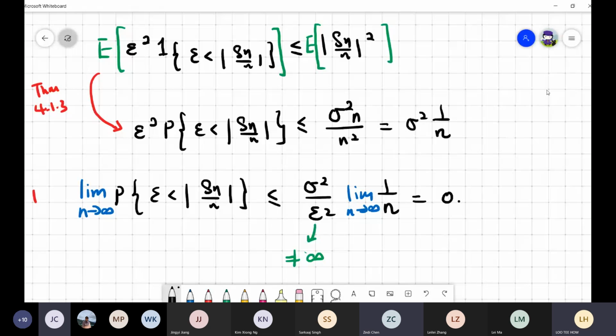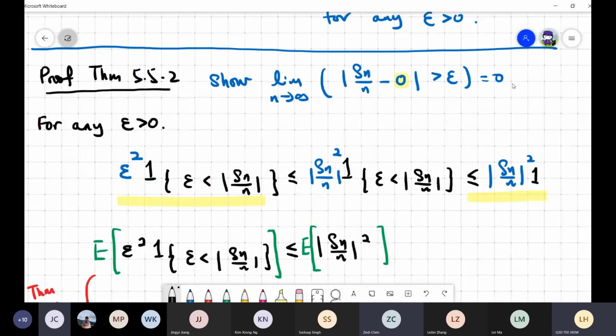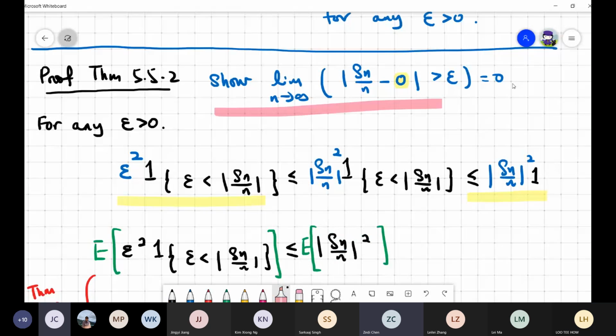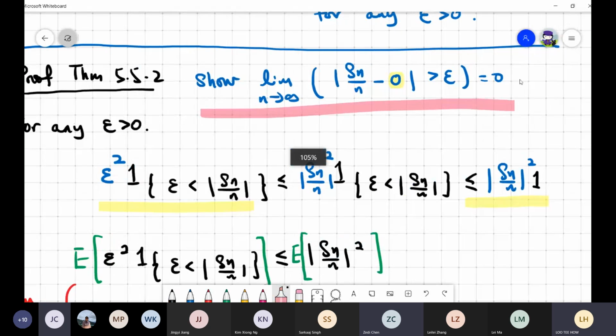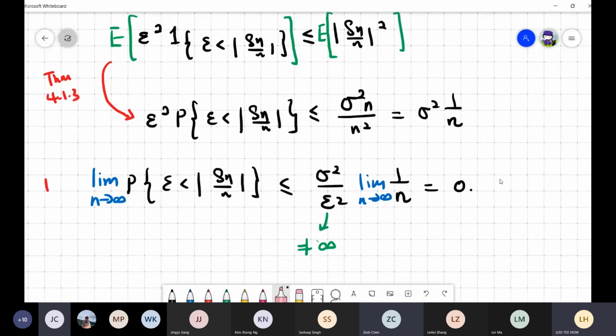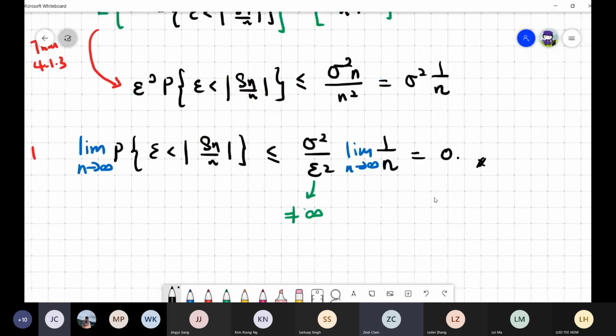Okay, so you can see we have achieved what we wanted to verify here, right? Like I said, this is our objective: we want to show this is equal to 0. And indeed, we are able to verify it. So that's the end of the proof. This is the first version of the weak law of large numbers.